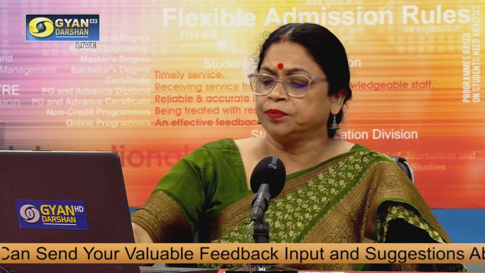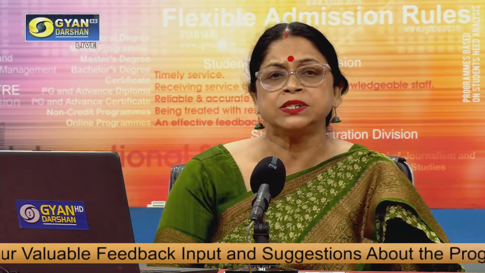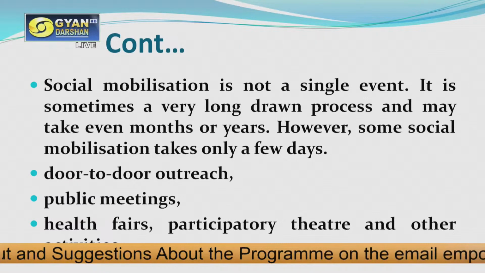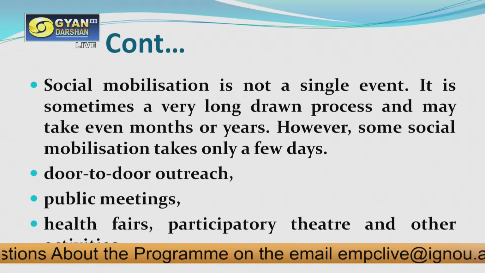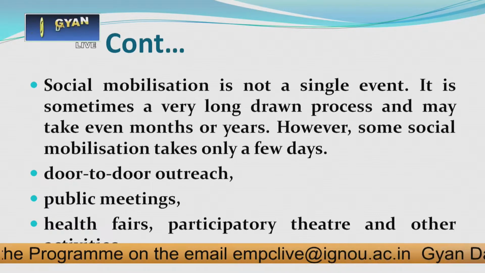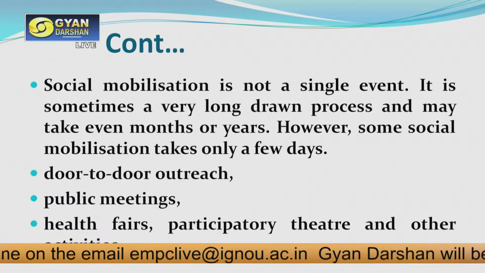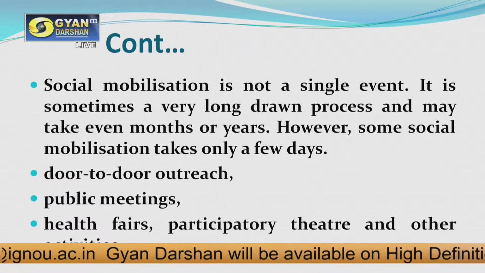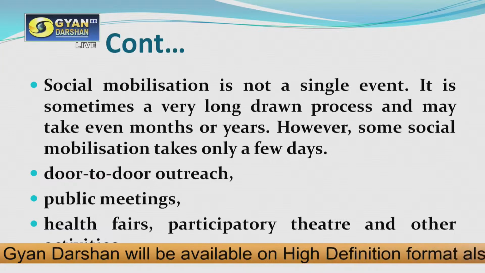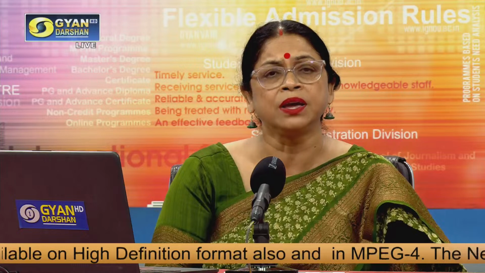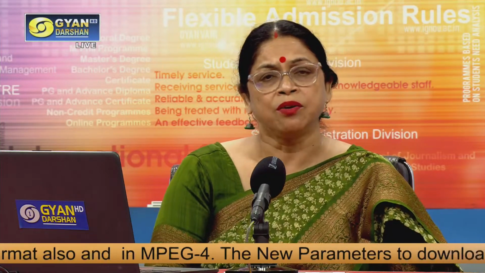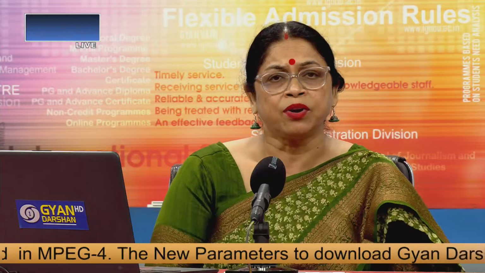And social mobilization is not a single event. It does not mean that once you have done it, it is over. It is sometimes a very long drawn process and may take even months or years, because you have to develop rapport in the society, and to develop rapport in the community is not very easy. Sometimes you have to meet them once, twice, or over a period of time.